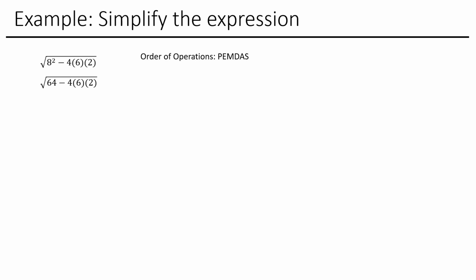So I'm going to first do this 4 times 6, and then I'm going to multiply that times the 2. And so you have 64 minus 24 times 2. That would be 64 minus 48, which is the square root of 16. So now I've done everything underneath that radical. So now I'm ready to take the square root of 16, which turns out to be 4. And so that would be your final answer.